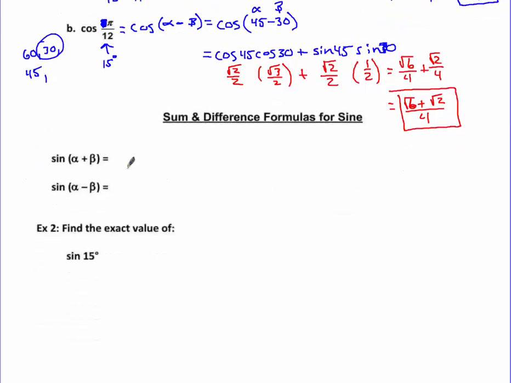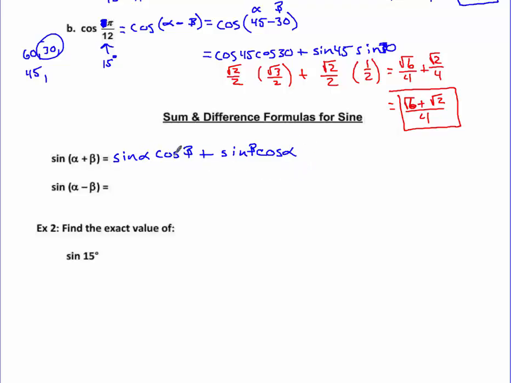All right, just like cosine, there's a pattern for sine, and of course it's different, so we're going to have two different patterns to remember, but don't forget, you'll have a formula card on the test. So for sine, we have two unit circle values added together. That's always going to be equal to the sine of alpha times the cosine of beta plus the sine of beta times the cosine of alpha.